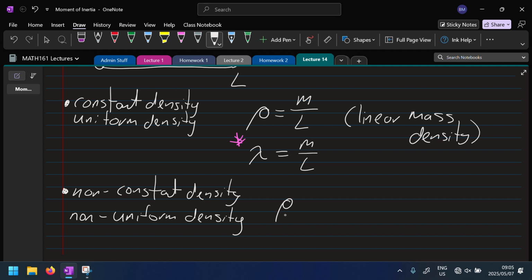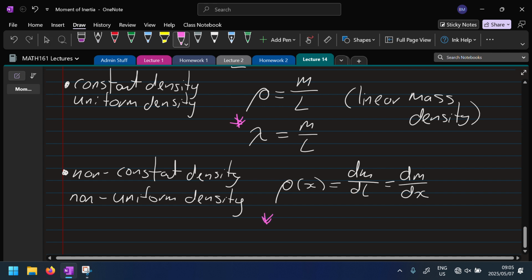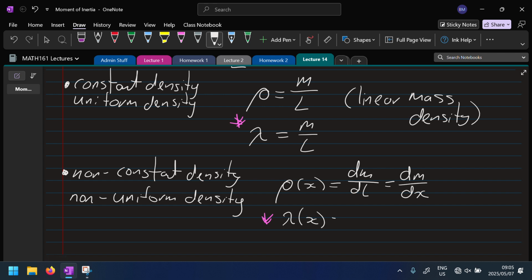So we can write this as rho of x is dm by dl, or you could write this as dm by dx if you want to measure in terms of x. And again, you might see this as lambda. That's just notation. It's not anything different to rho. So lambda of x is dm by dx, exactly the same as if you were to use rho of x.